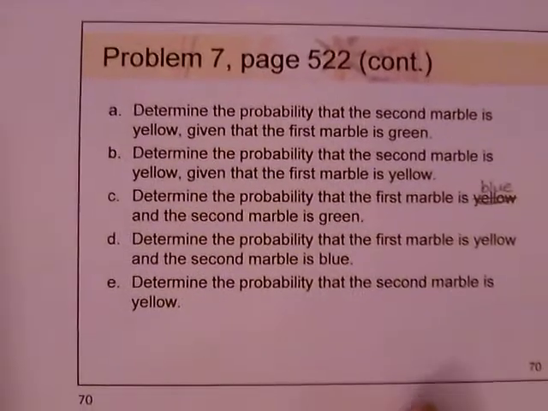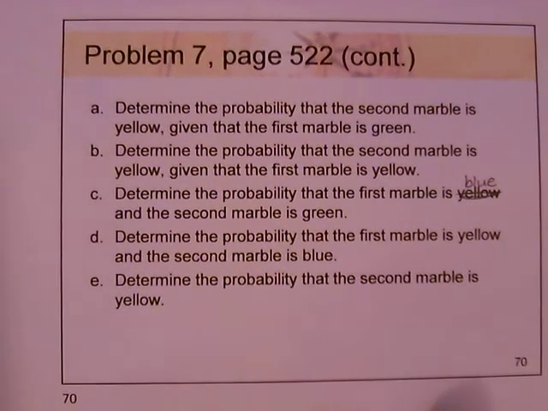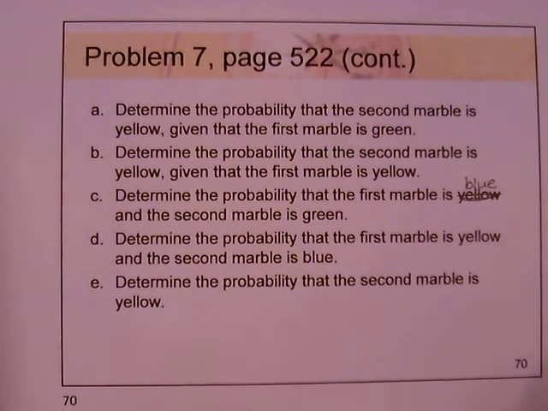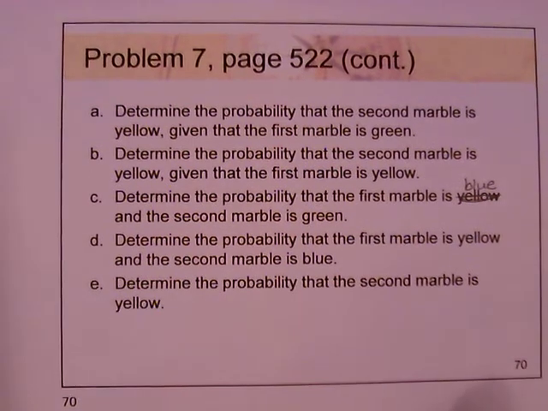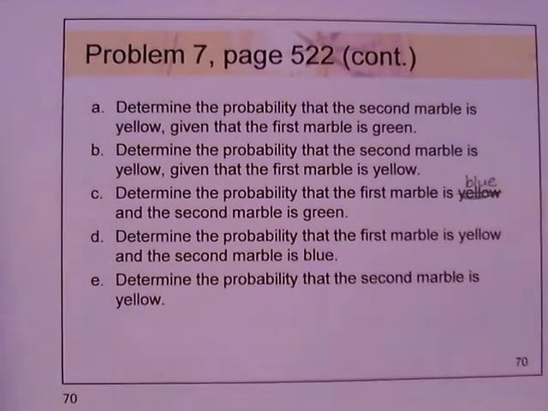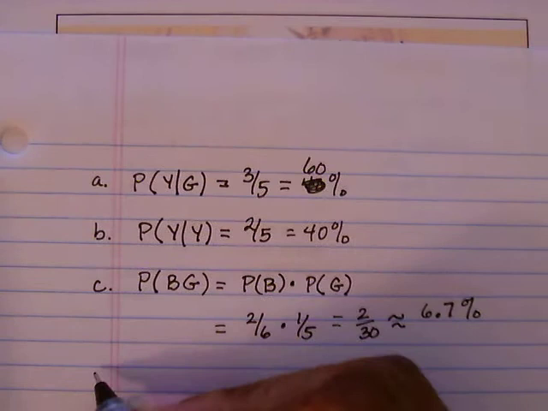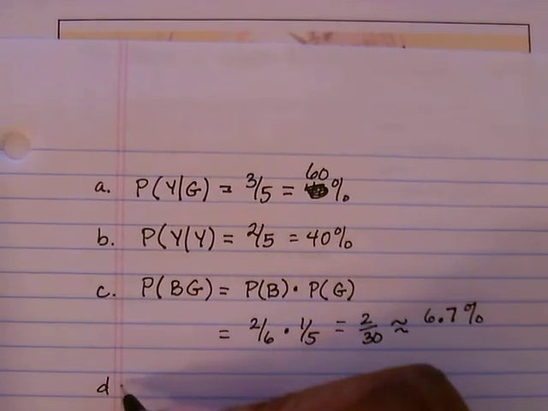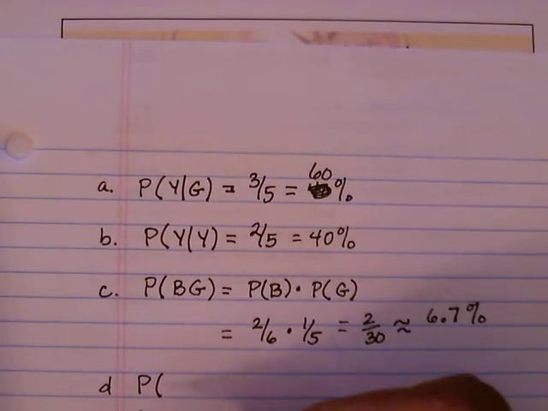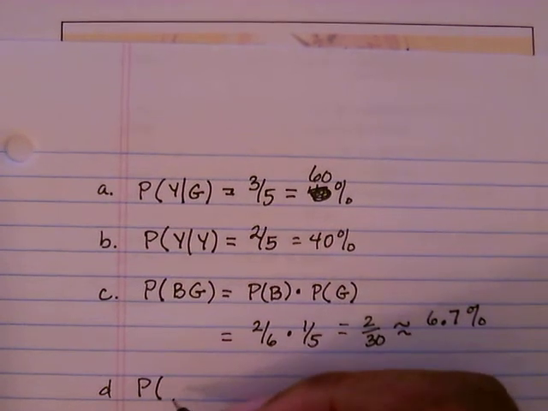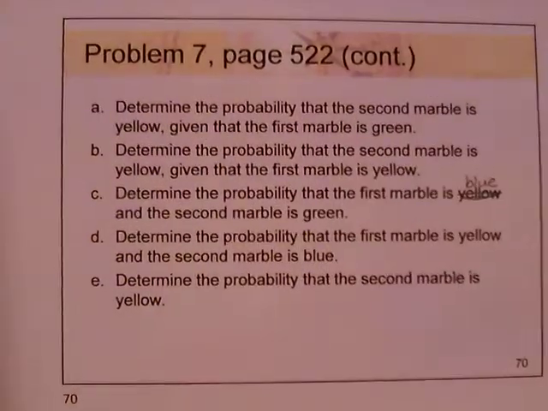Now part D, determine the probability that the first marble is yellow and the second marble is blue. Okay? So now we got this. The probability that the first marble is yellow and the second marble is blue.